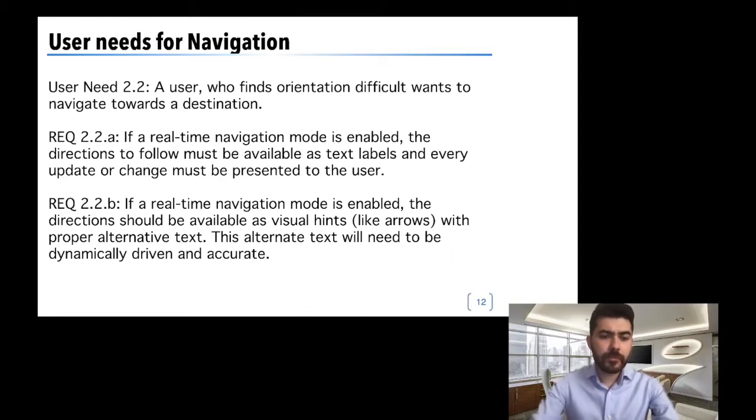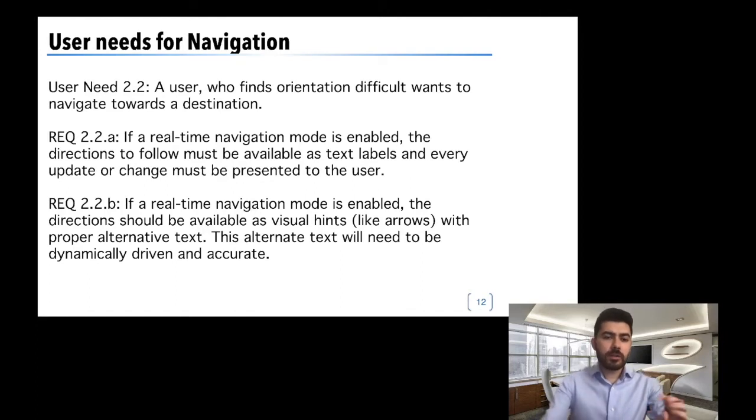And so, most of the time, if a real-time navigation mode is enabled, the user needs direction that should be available as visual hints, like arrows, so not only as text labels, as text information. Of course, if the user is using visual hints, they should also be presented with proper alternative text.